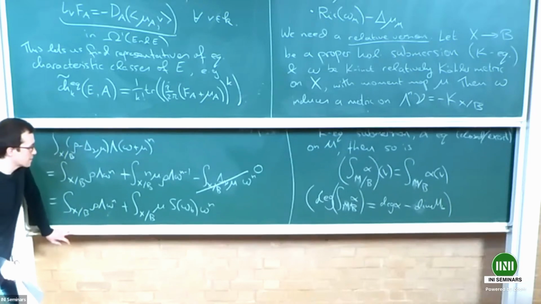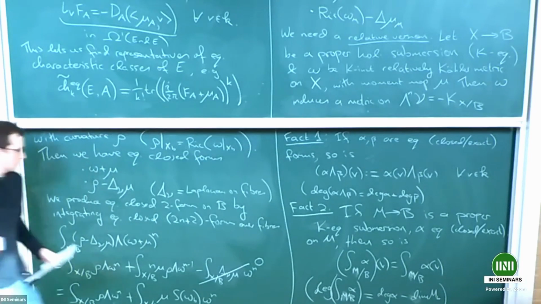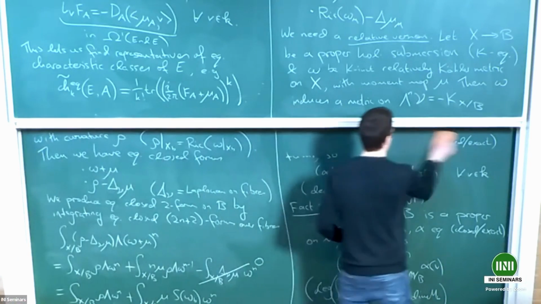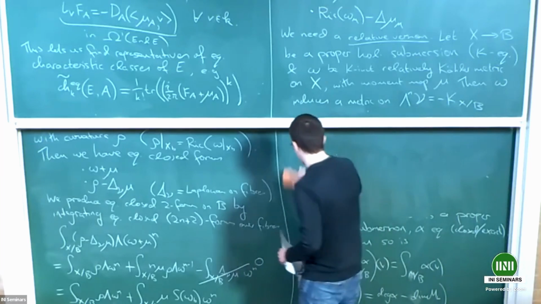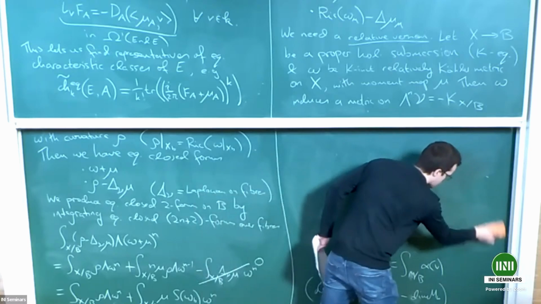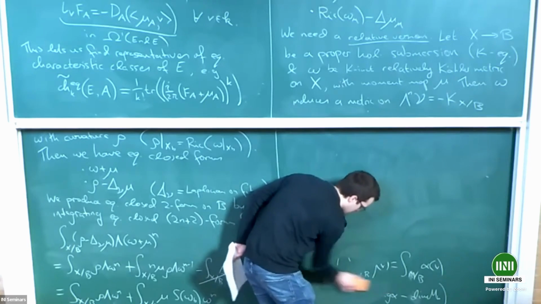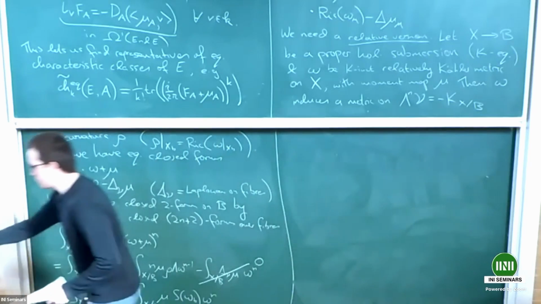So I'm integrating scalar curvature against the moment map. That was the first form I wanted to integrate.